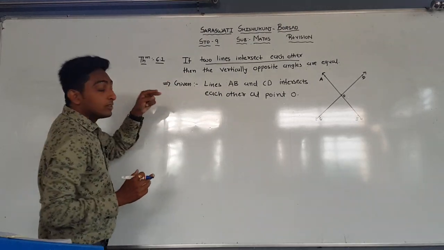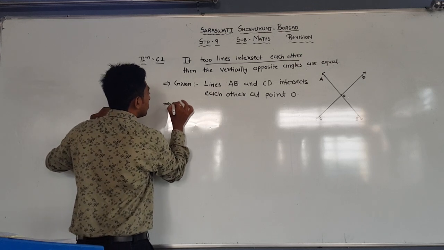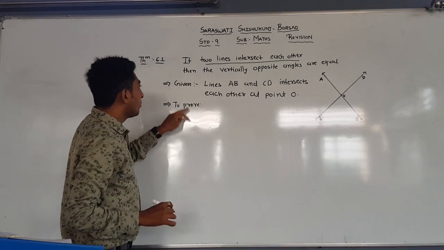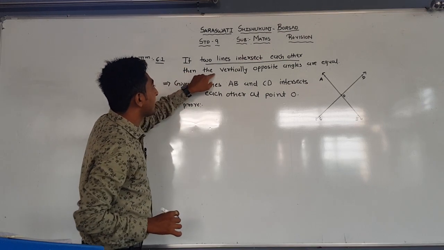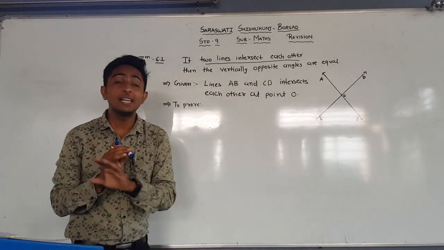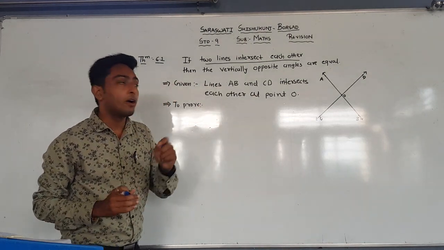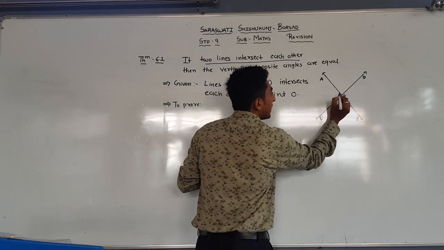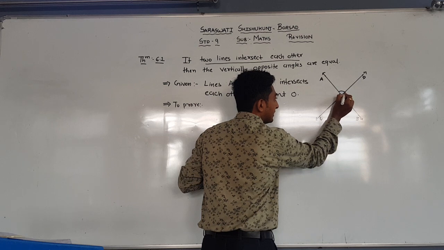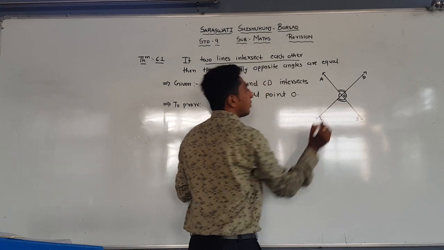Now the second section is to prove. The to prove part lies after "then", that is, the vertically opposite angles are equal. We don't write that we have to prove that vertically opposite angles are equal. You need to write exactly what you have to prove: that this angle is equal to this angle, and this angle is equal to this angle.